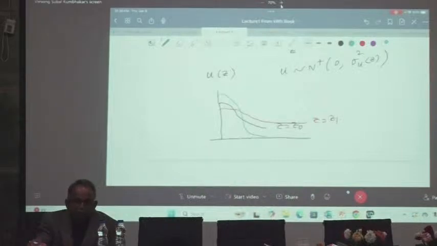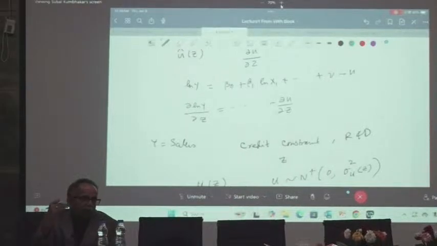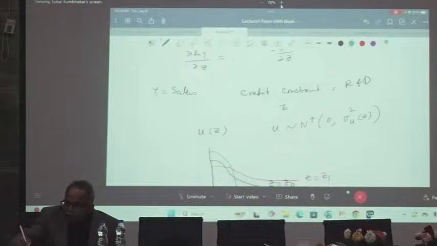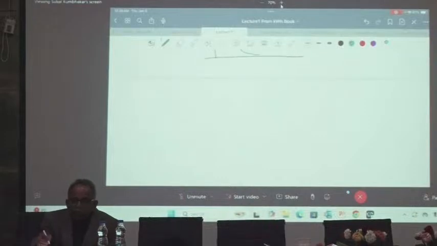And then, after estimating the model, as I said, you will first report inefficiency or efficiency, and then you will look at the marginal effect. Let me create another page here. After estimating it, you get the marginal effect, that is the derivative of u hat with respect to z.